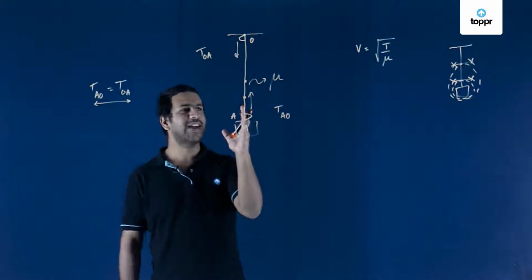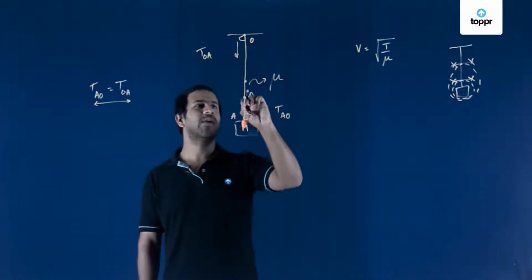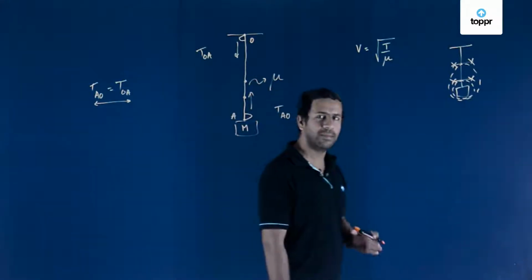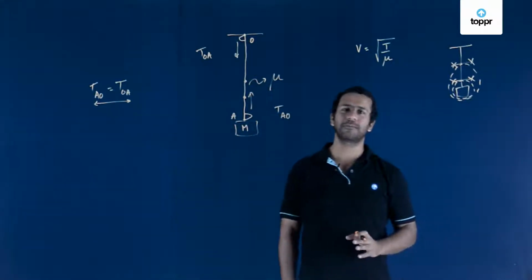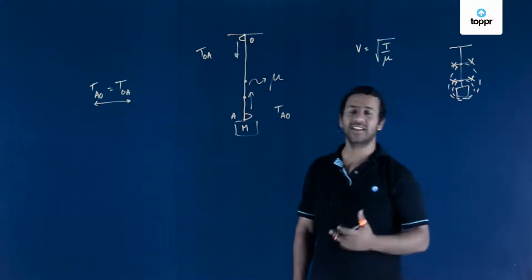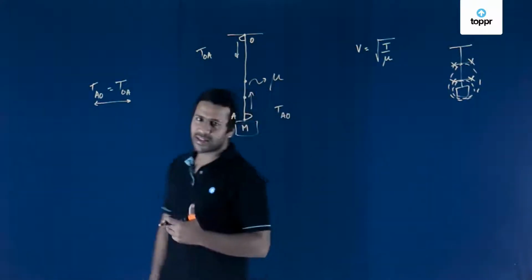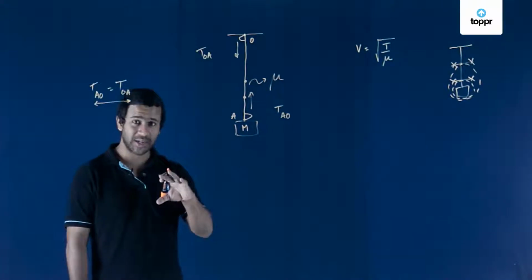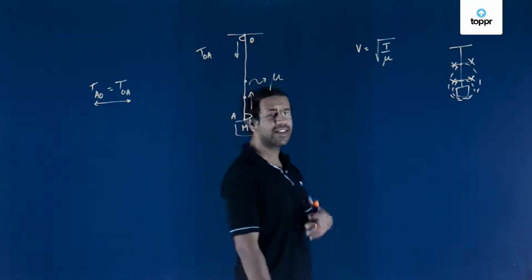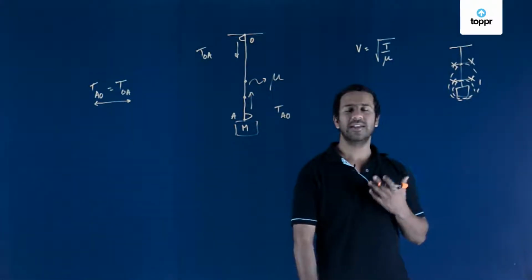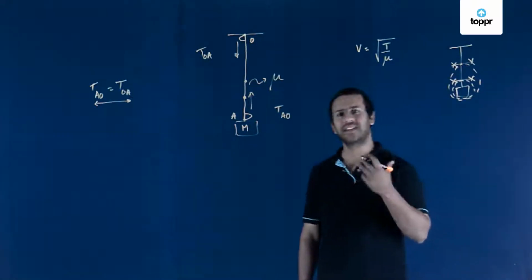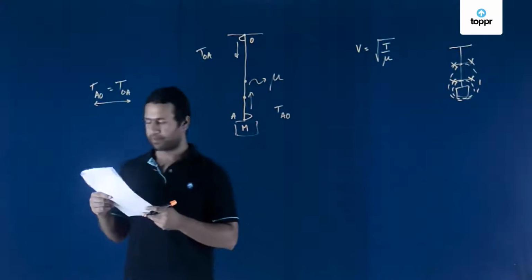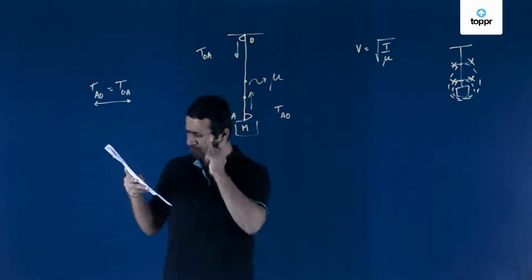Therefore, they will take the same time. It's just that the order in which they reach those points is opposite, but their speeds at all these points will be the same. So that was the first option.